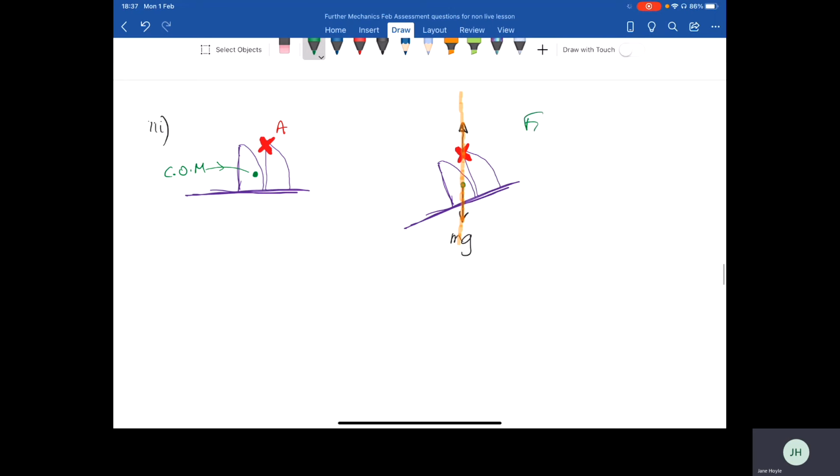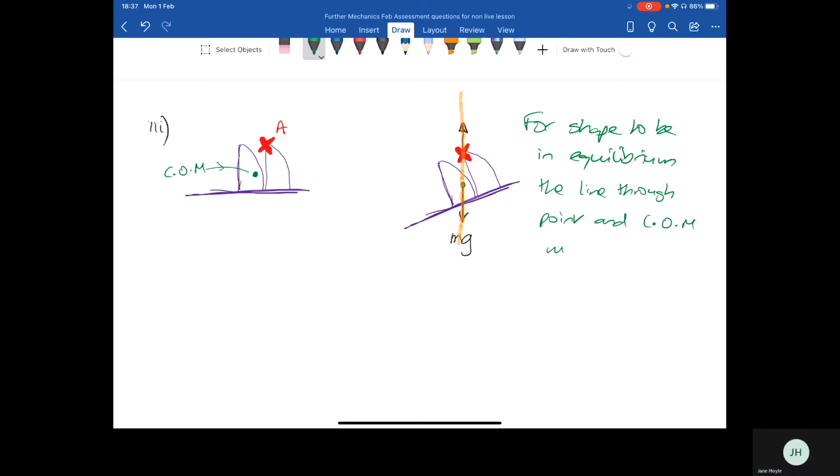For the shape to be in equilibrium, this line through the point at which you're hanging and the center of mass will be vertical. Otherwise it wouldn't be in equilibrium. You've got to have those forces balanced. This is my tension force up here. We're not asked for the tension force, but if we were, it would just be equal to mg.